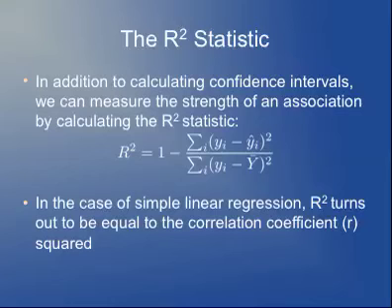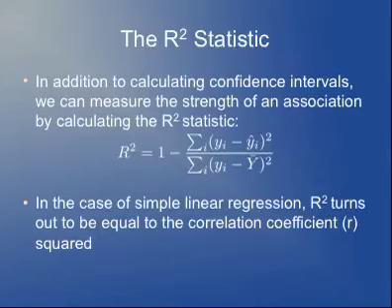You'll notice the numerator of this fraction here is just the true values of y minus the predicted values of y. The sum of the squared error is precisely what the regression coefficients are trying to minimize. The denominator is y_i minus y bar.